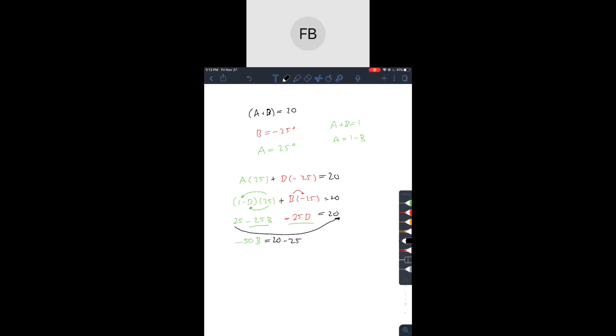Wait, what's wrong here? At the beginning, I think you're supposed to do A times 25 minus B, because it ended up being positive.